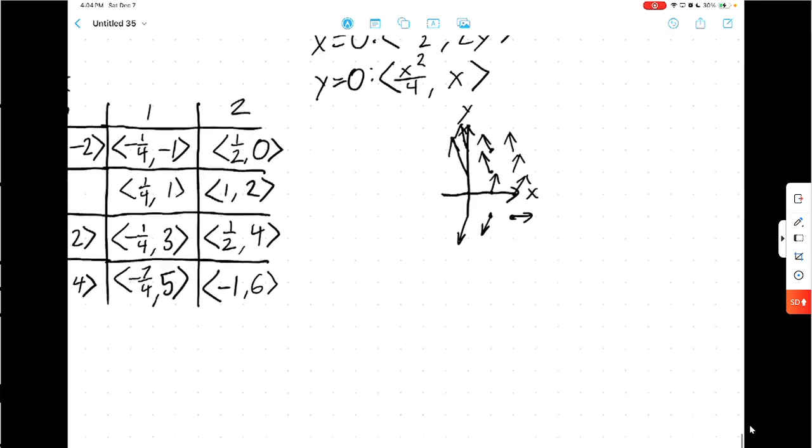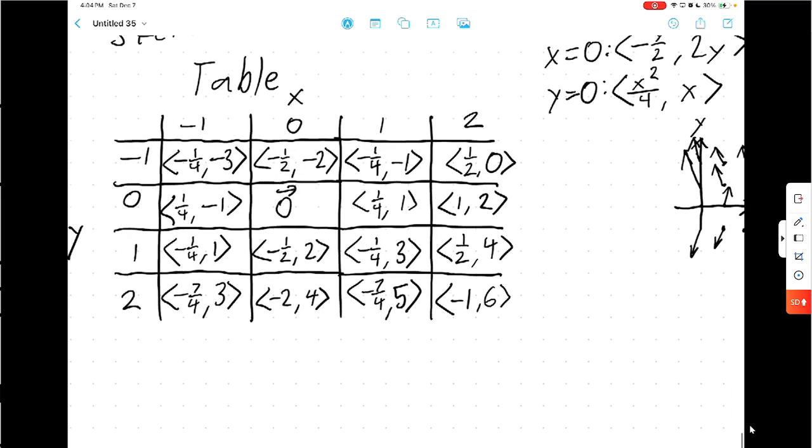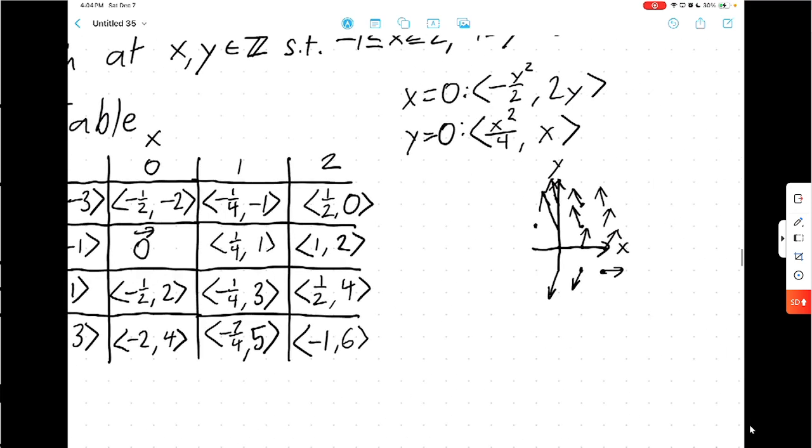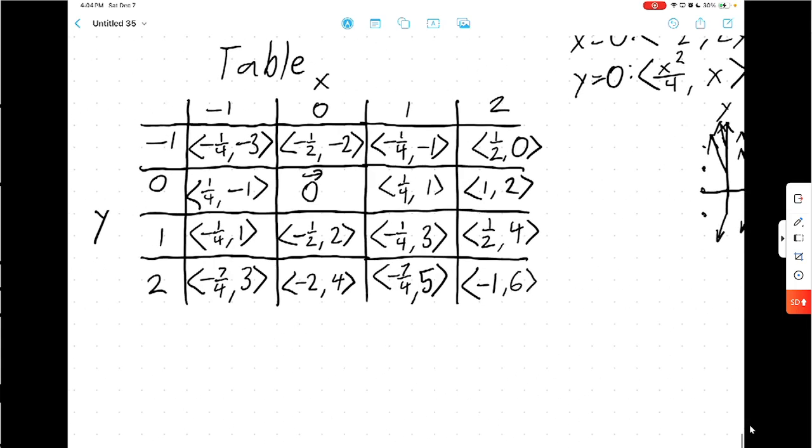This y is equal to 2 will give me... Yep, this is just going to be a bunch of sketching. We're almost done here. Here it's just the x equals negative 1 points.